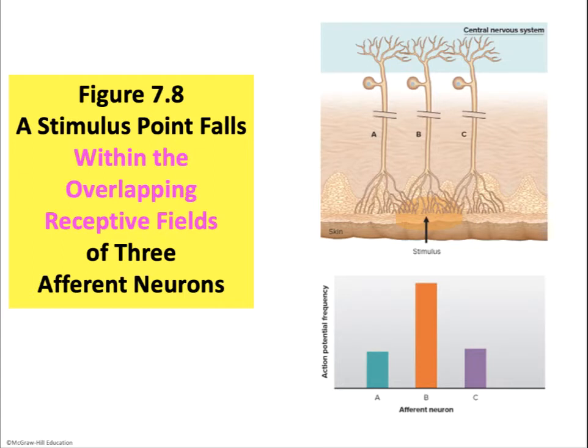One might calculate that the action potentials generating in neurons A, B, and C would follow this profile here, with the majority of stimulation taking place in neuron B, but neurons A and C stimulated about 1/3 that of neuron B because of the number of dendrites involved. Fortunately, in this case, it's going to be pretty difficult for the body to detect the exact point at which the stimulus is being applied.